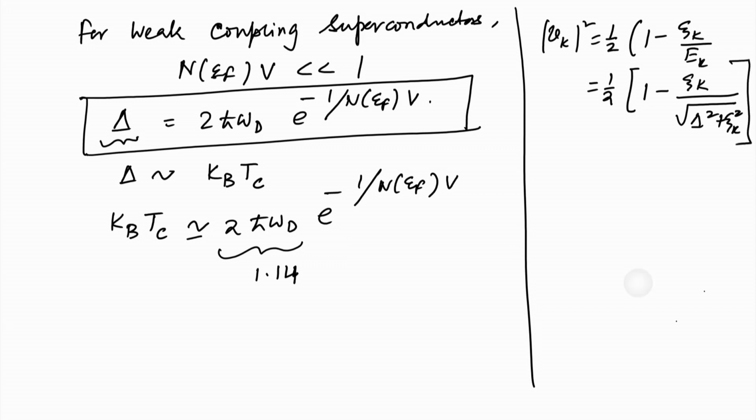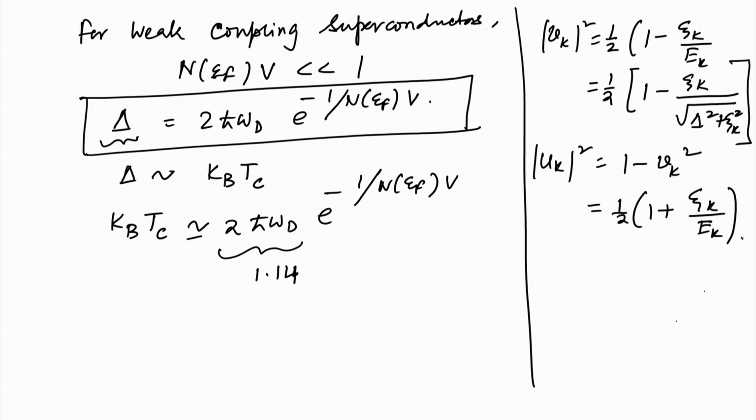So, that is V k, and U k square is simply equal to 1 minus V k square, which is equal to half 1 plus psi k by E k. So, these are important because these decide the behavior of the gap, the k dependence of the gap. Now, let us go to the finite temperatures.